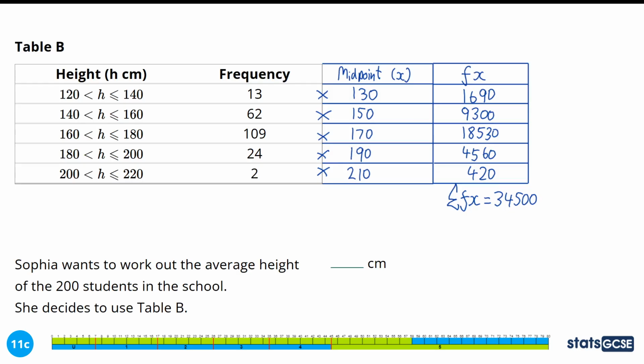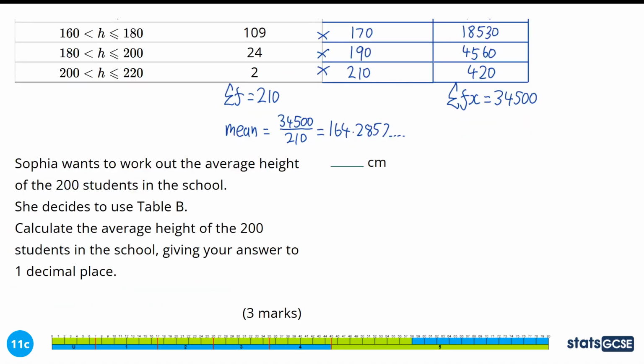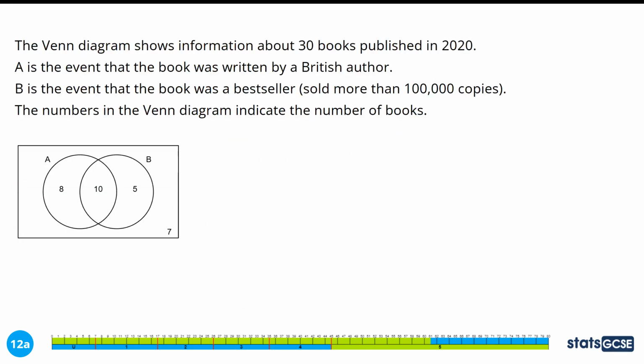The amount of numbers is shown with this frequency column, so we need to add all those together. Then to find the mean, we just need to do 34,500 divided by 210. The question asks us to give our answer to one decimal place, so our answer will be 164.3.